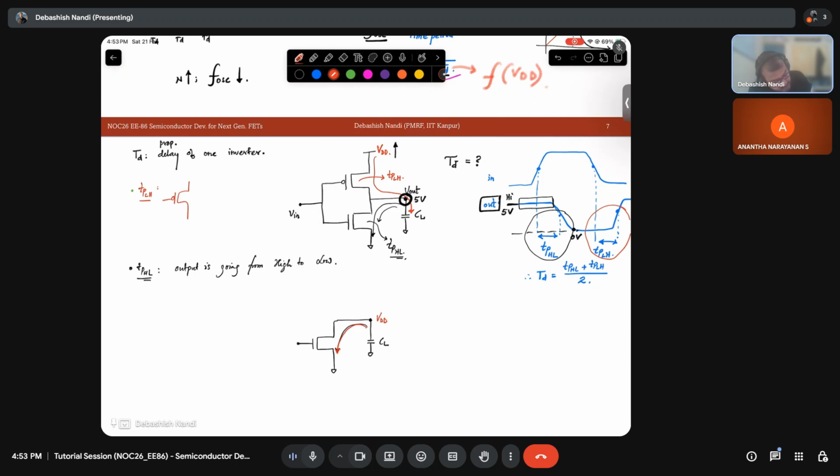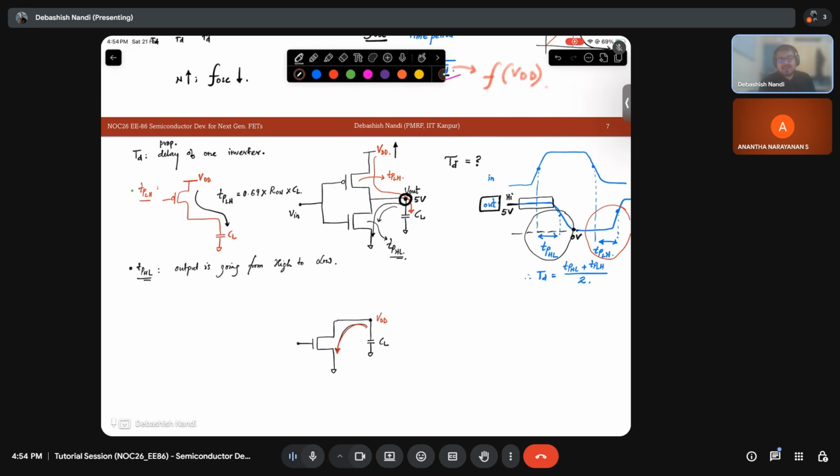my NMOS will be off and PMOS will be on, and I'll have simply CL and this is VDD. So this path will charge the CL. Now this TPLH is 0.69 times R on times CL. Now tell me, if I increase VDD, what will happen?